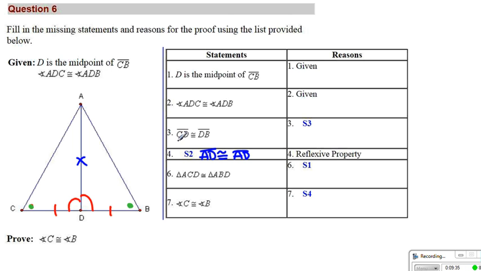Now, how can you say CD is congruent to DB? The reasoning must be a midpoint divides a line segment into two congruent parts.